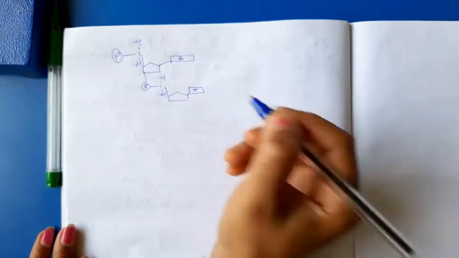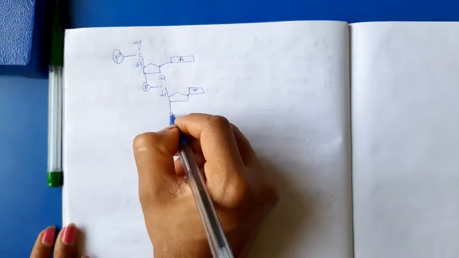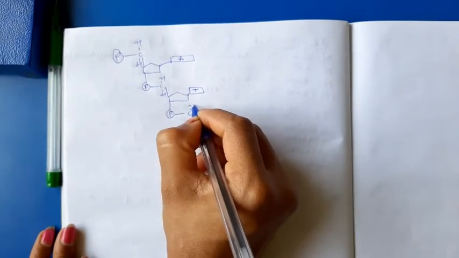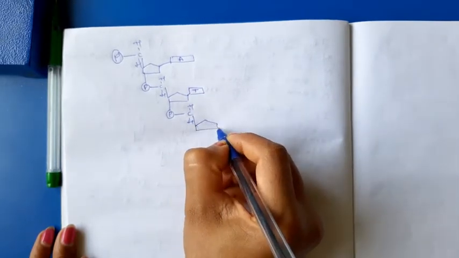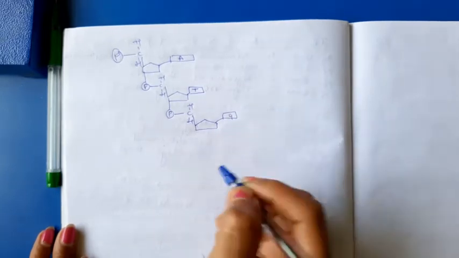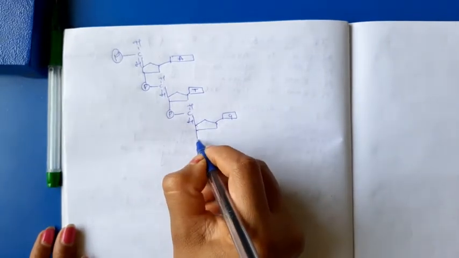Here I will take T. Again the third carbon atom is going to attach with the third nucleotide. Here I will take G. Again this third carbon atom.